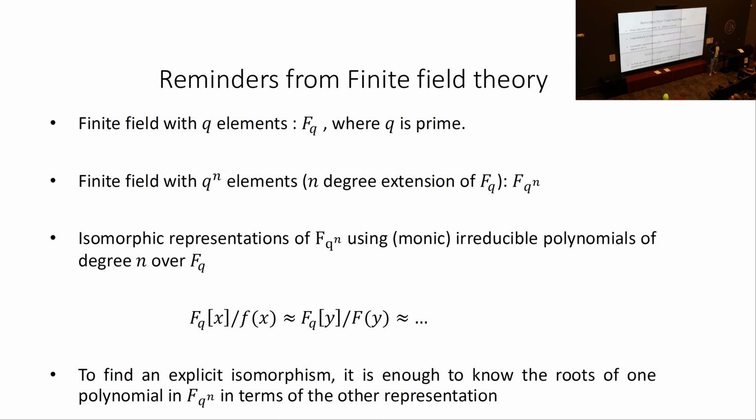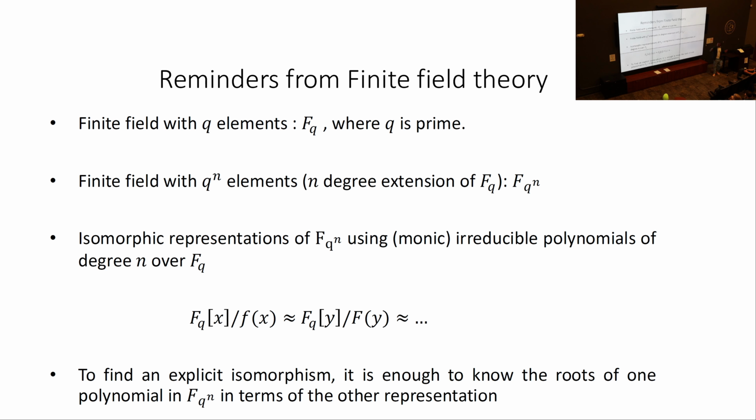Now since they are isomorphic, how do you find the isomorphism? What you can do is find the root of one irreducible polynomial in the other representation. If you can find it, and this is already known, it is a polynomial time algorithm to find this isomorphism. So if you know it, you know the isomorphism between two representations.